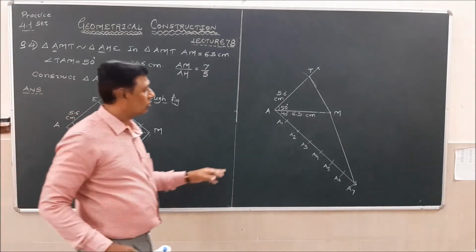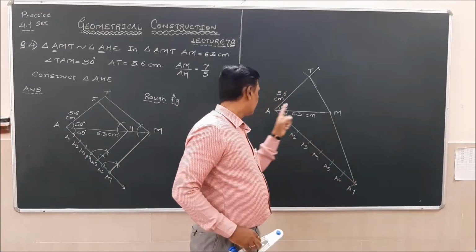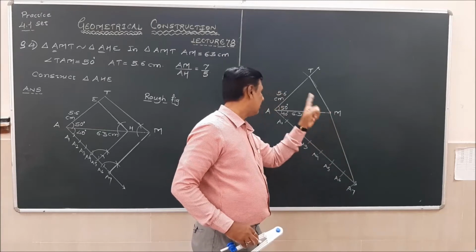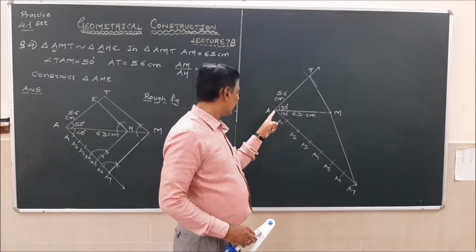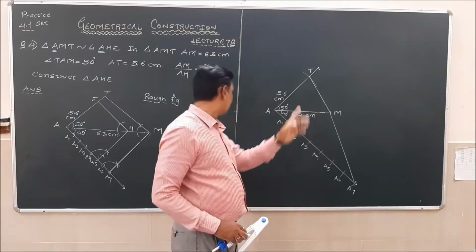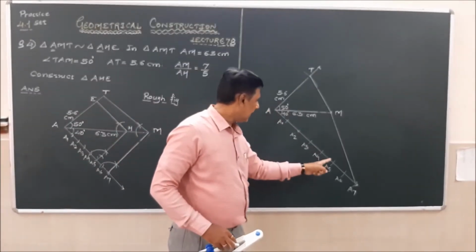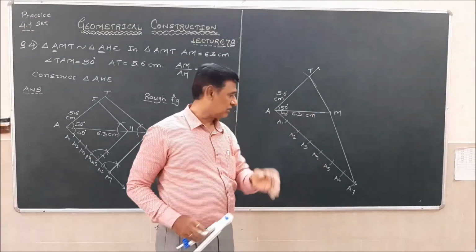Which angles are congruent? Angle A7M is congruent with angle A5H, and here there is H. So A5H I have to plot.